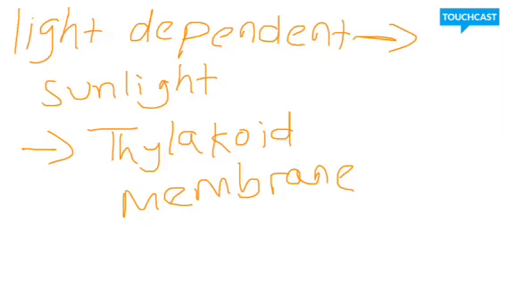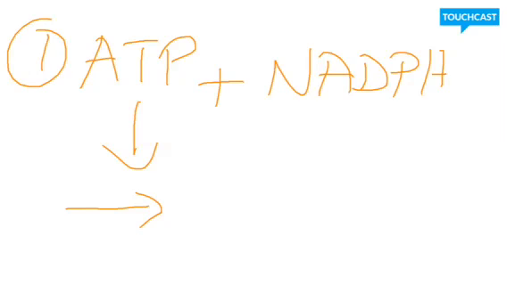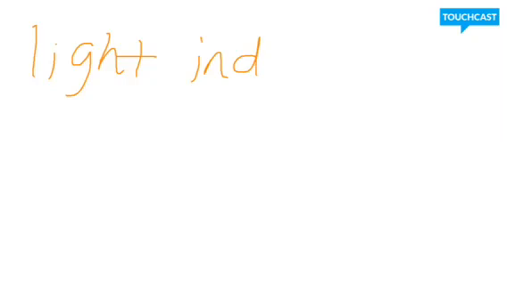And it produces ATP, which is an energy molecule, plus NADPH. In the light dependent, we release oxygen. So remember these things. Now let's move on to the light independent.